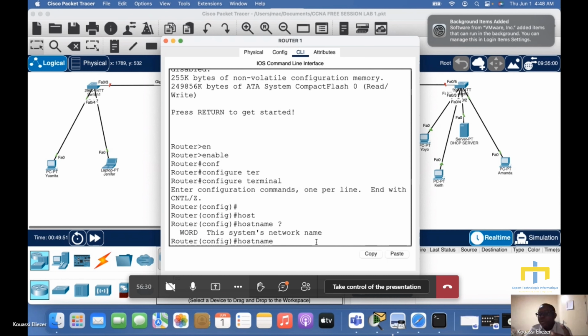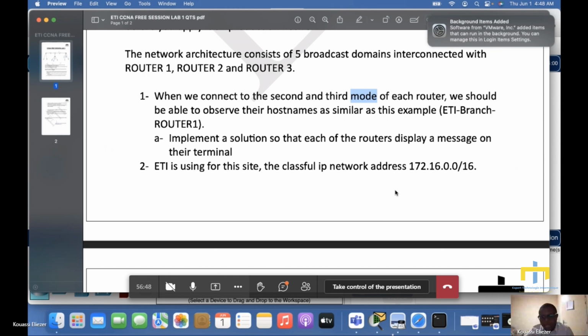Normally, in a company, you see, the name by default that we are seeing is router, but we want to customize the name so that it is the name of the company, to say that these are the devices of ETE's branch. As per the question, the example is ETE. It should be in this format: ETE hyphen branch hyphen router 1. So now let's implement that.